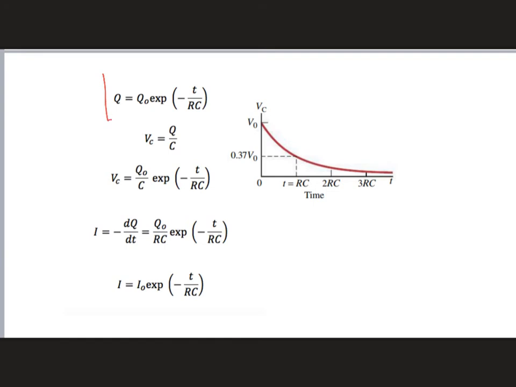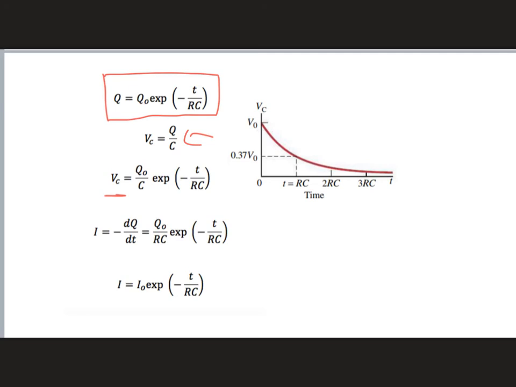Now this expression for Q, that is of course the charge on the capacitor as a function of time. We know from the fundamental capacitor equation that the voltage is related to the charge and the capacitance by Q over C. So if I simply divide this expression that I've got a box around by C, that'll give me V sub C, which is the voltage across the capacitor at any time t.